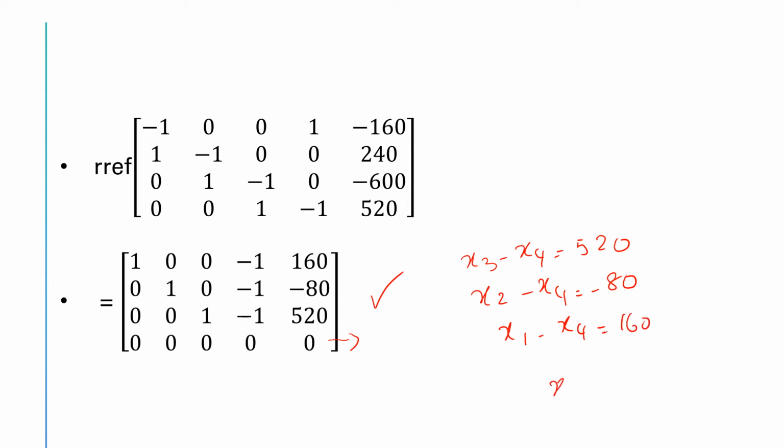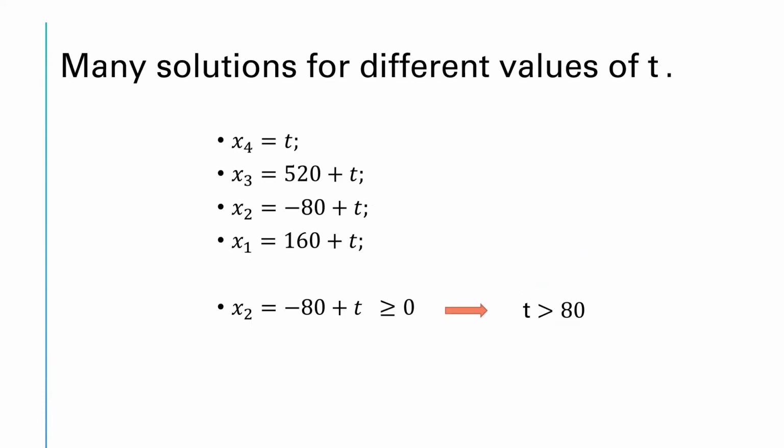If I take x4 equal to t, then we get the values of x1, x2, x3 in terms of t: x1 equals 160 plus t, x2 equals negative 80 plus t, x3 equals 520 plus t, and x4 equals t.